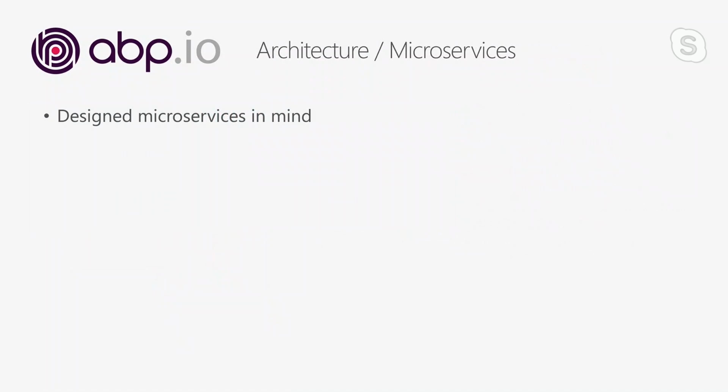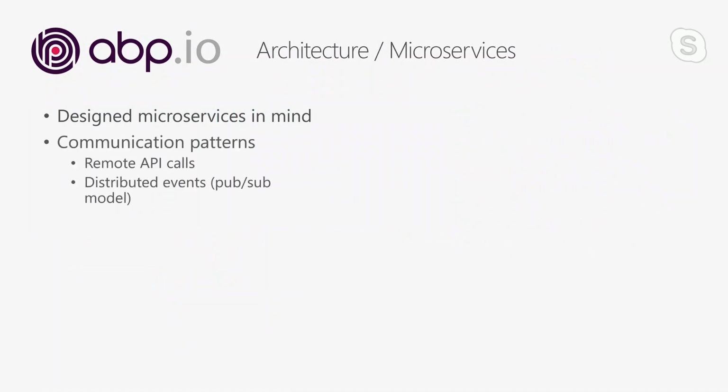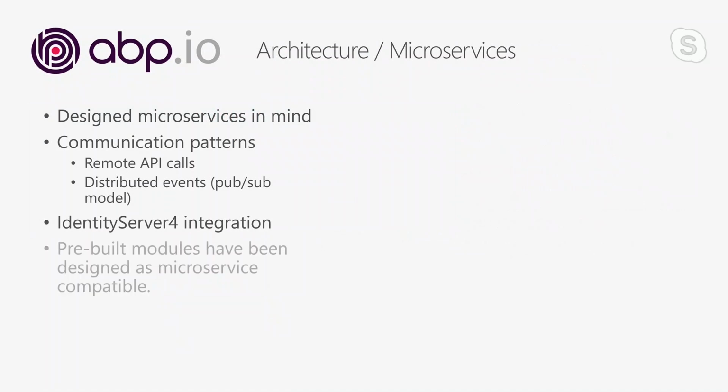Microservice is another trending approach to create scalable systems both in development time and on runtime. The new ABP has been designed with microservices in mind. It provides infrastructure to implement common microservice communication patterns easily. It's integrated to the Identity Server for authentication.